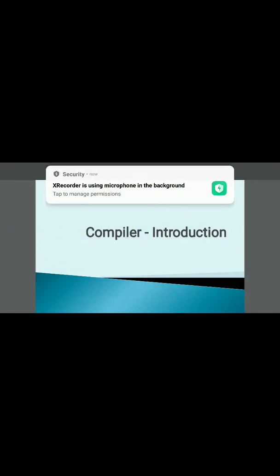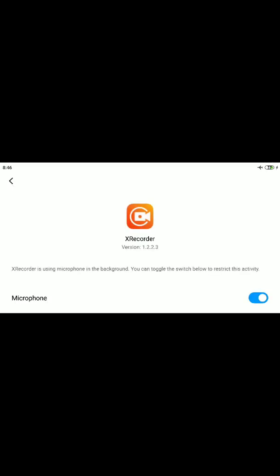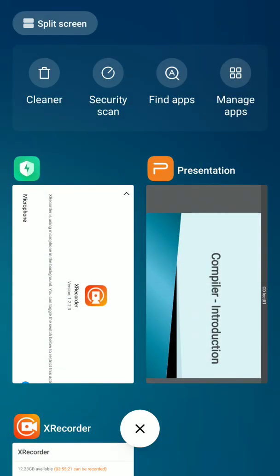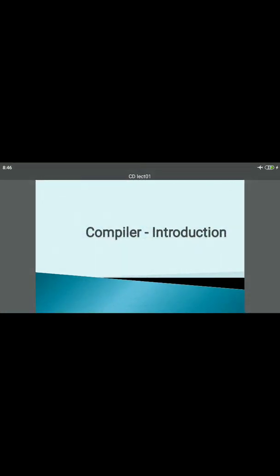What are the different phases of a compiler, how it's going to work, the different phases, what are the steps, how your input is going to be processed, and finally it converts into a target machine code. That is done with different phases, and we are going to study all of that in this.